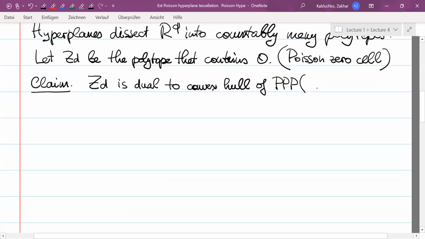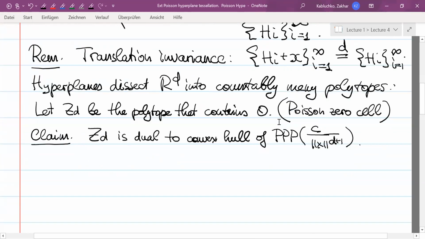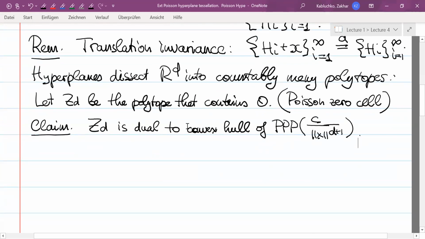So it is some constant which can be given explicitly to the power d plus 1. So I claimed it is dual to a beta prime polytope. It's not true. It is dual to the limit of the beta prime polytope, which is this one. So it is the dual of the Poisson polyhedron.